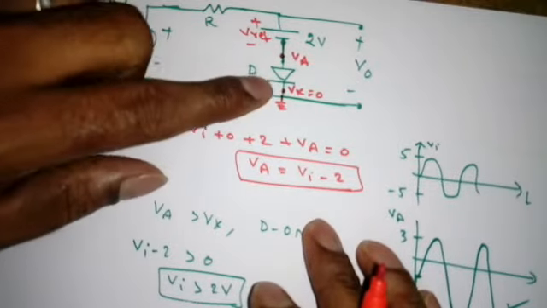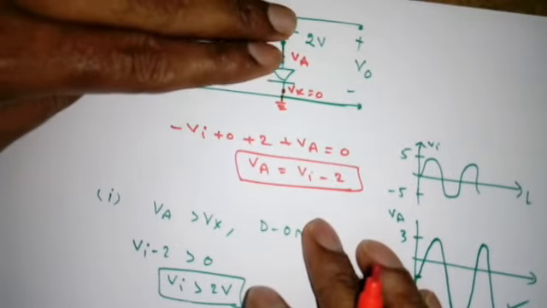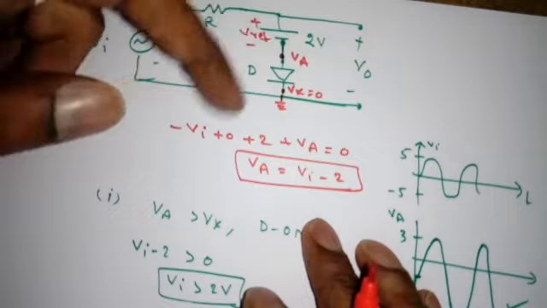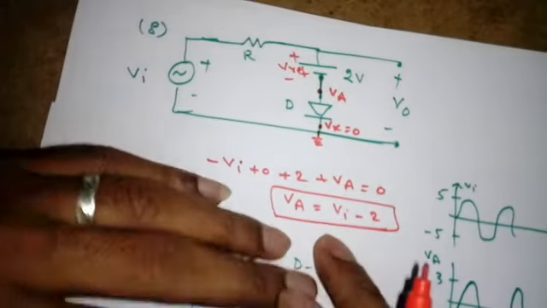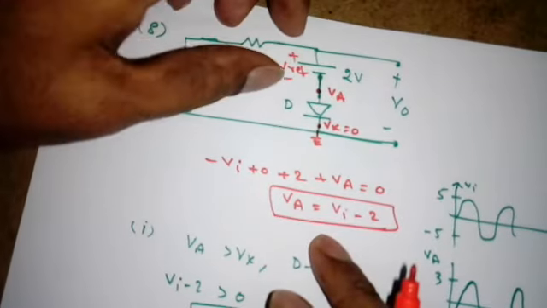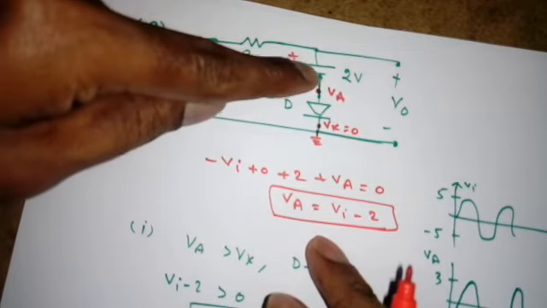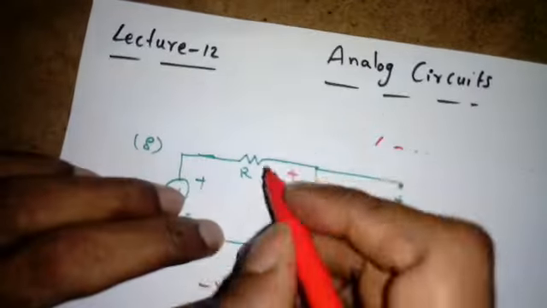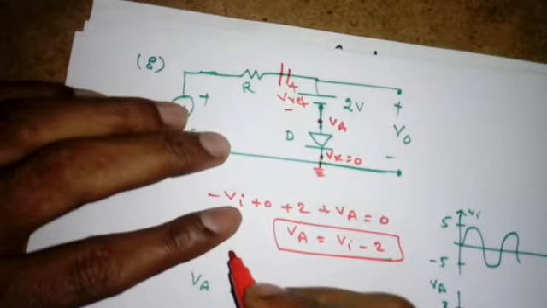You can go for when the diode is practical, and you can reverse the polarities of the battery. That will become one more circuit, and you can place this battery here or here. If you place the same battery here, it will give the same operation.